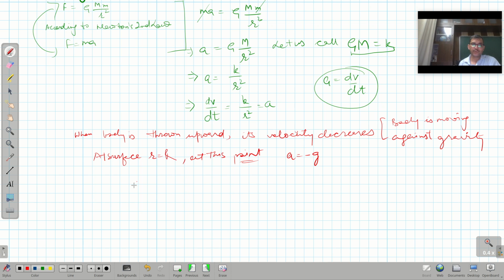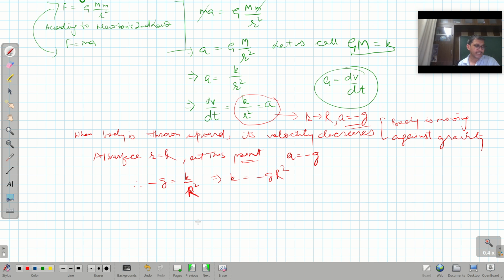Therefore minus g is equal to k upon R square, or we can say that k is minus g R square. Sorry, this is capital R, because we have replaced r by capital R and a by minus g.